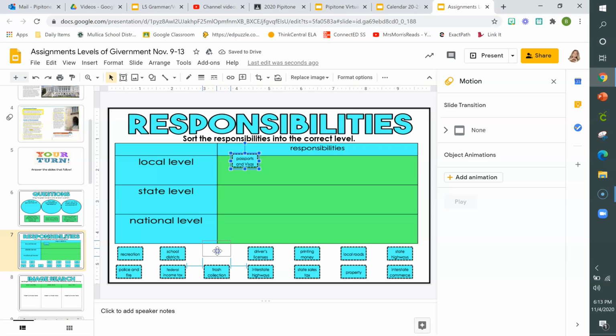Then think about the state level. What are some responsibilities that the state government has to handle? And finally, let's think of the national level. What responsibilities does our federal government have to meet the needs of all U.S. citizens? Again, you are dragging the blue boxes into the correct category.